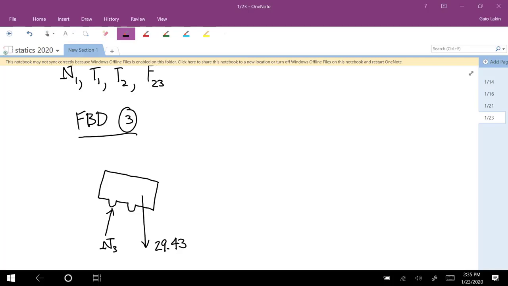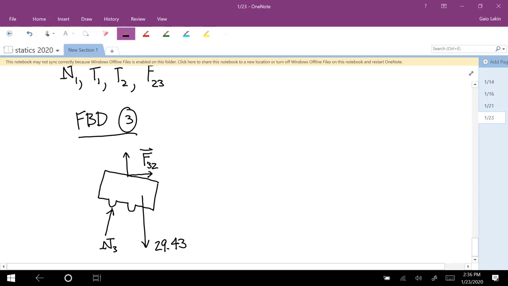Okay. And keep going counterclockwise, and you get to the top. And there's a friction contact at the top. So that's the force on 3 by 2. But we already have a variable force on 2 by 3.